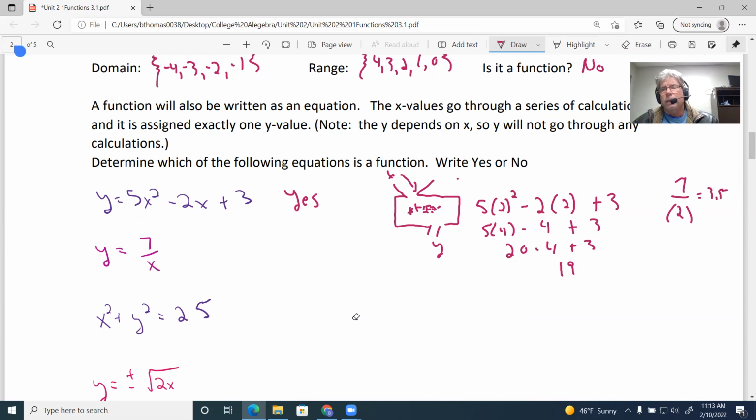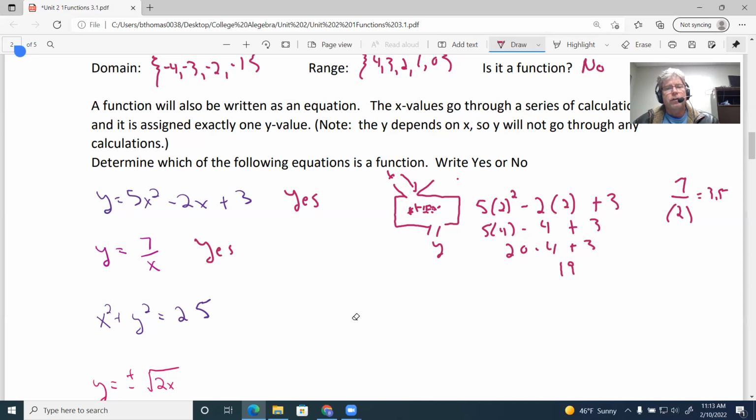Notice when you put the 2 in, it does kick out just one answer. I don't see a situation where you would get 2 different answers. You're just dividing 7 by a number, and there's no way you're going to get 2 different answers. So an equation that looks like this would also be considered a function.